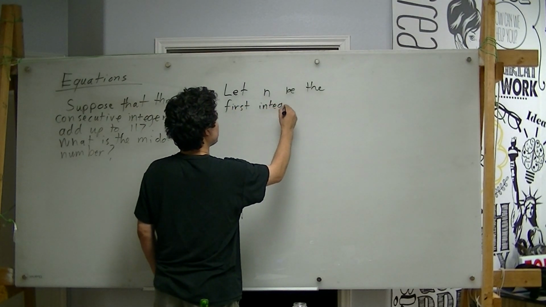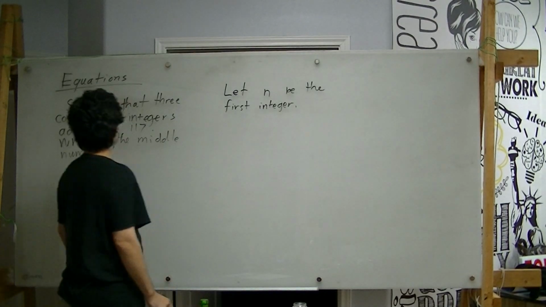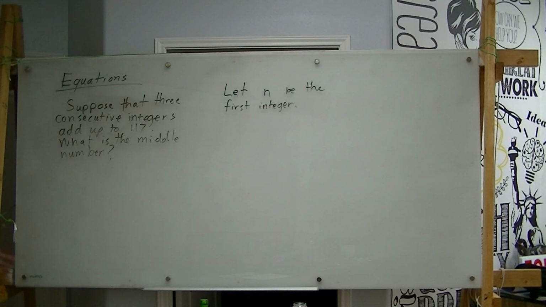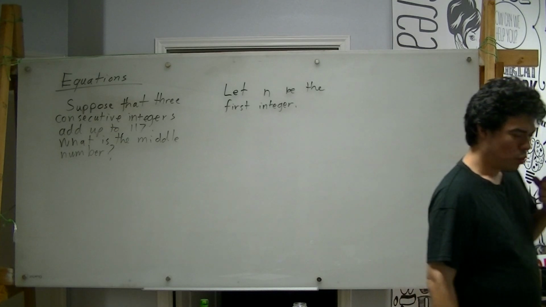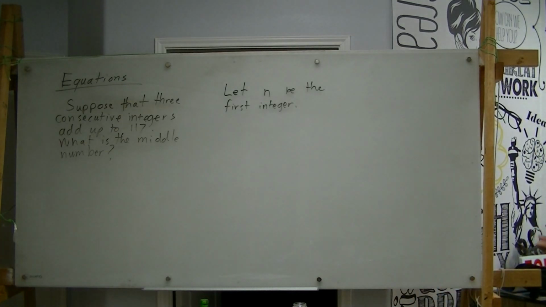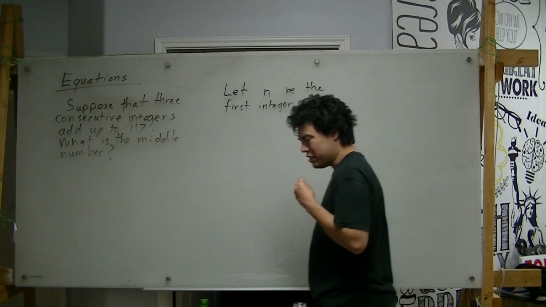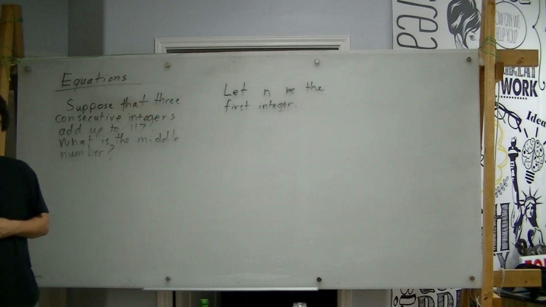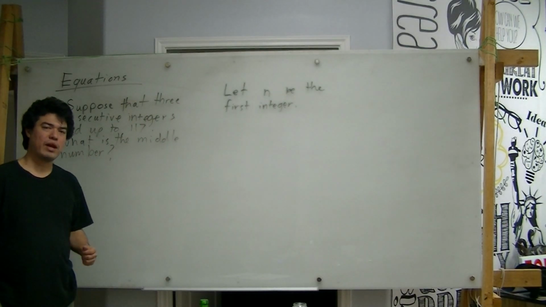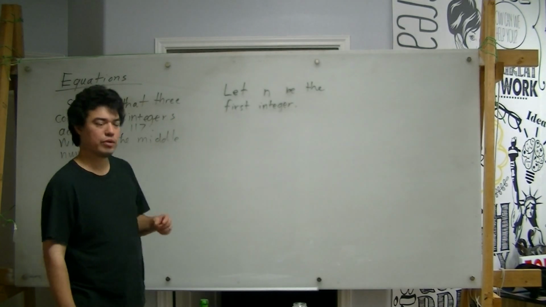So we have 3 consecutive integers that add up to 117. What is the middle number? Now let's think. If n is the first integer, what is the second integer? What is the relationship between one integer and the next? I want you to pause the video right now and imagine what the relationship is between this integer and the next one.